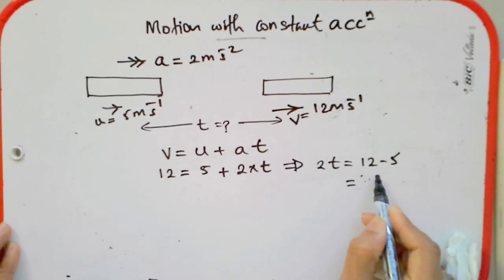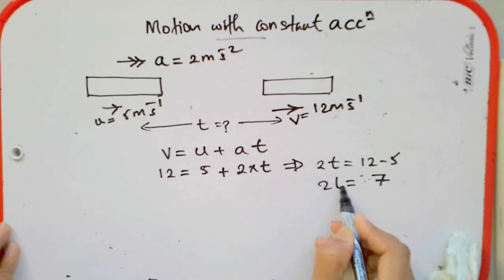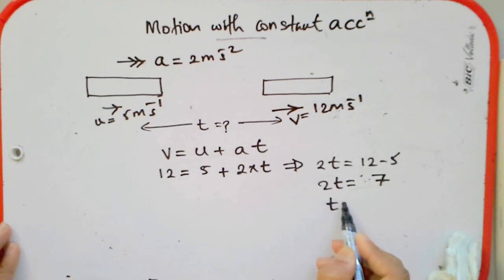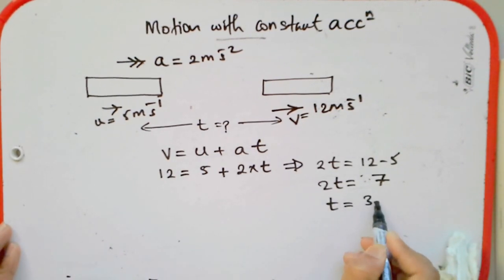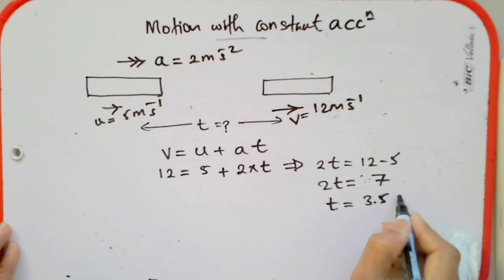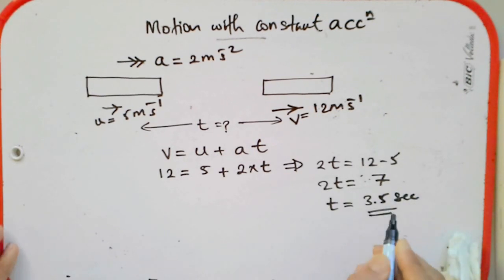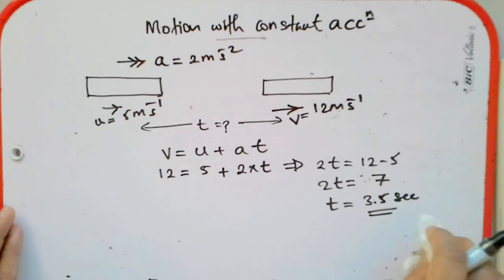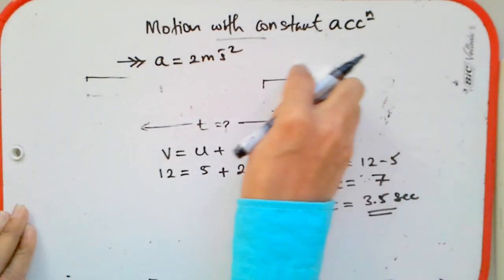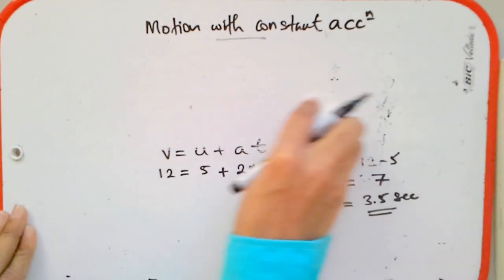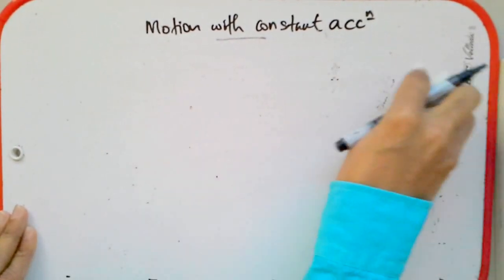So 12 minus 5 is 7. This is our 2t. Therefore t becomes 3.5 seconds. Okay, so I hope you understood this problem. So we'll move to the next question.